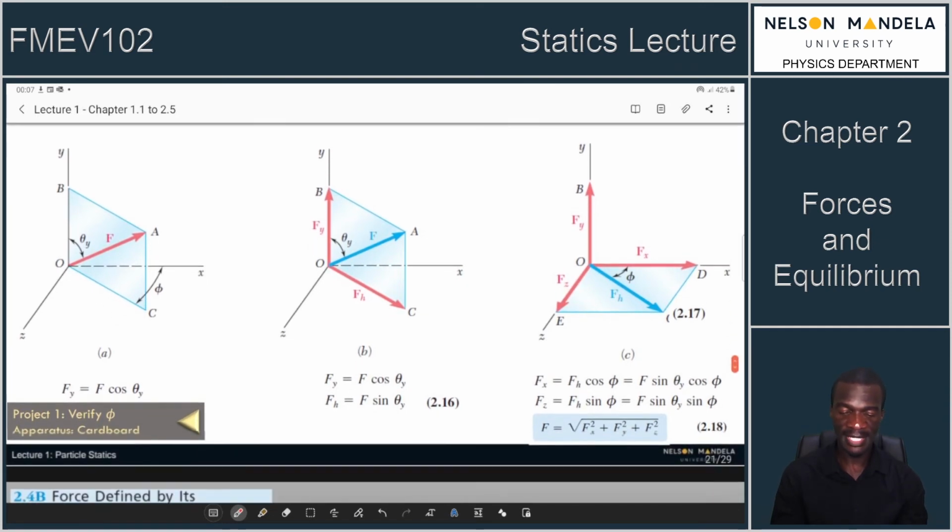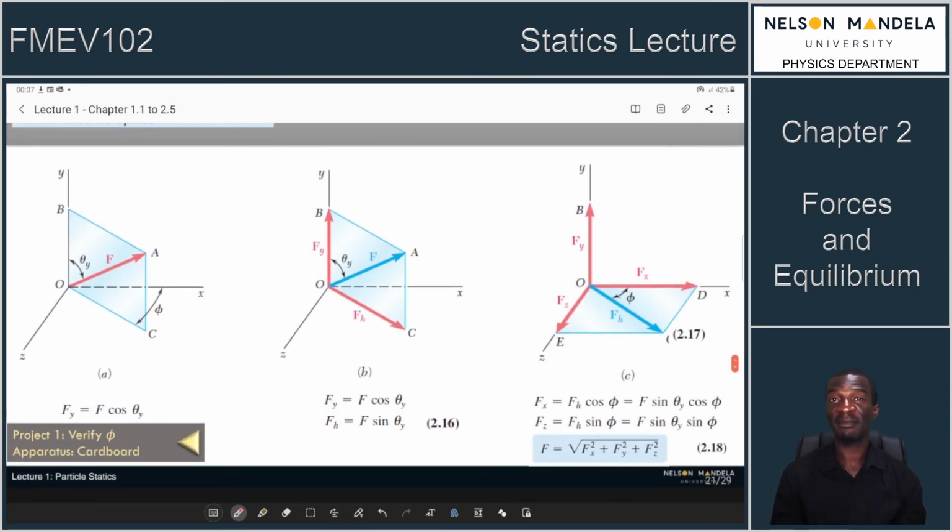Forces in 3 dimensions can be described by their rectangular components, or Cartesian components, in space in the following way. If we have a force F acting at a point O, and we are considering its 3-dimensional action, we can construct a plane by simply completing a polygon in the plane in which the force is acting.